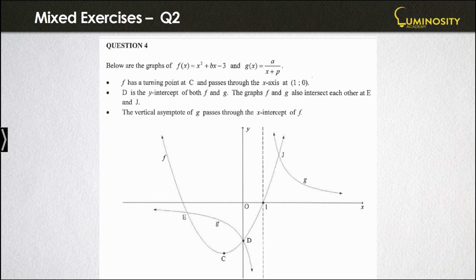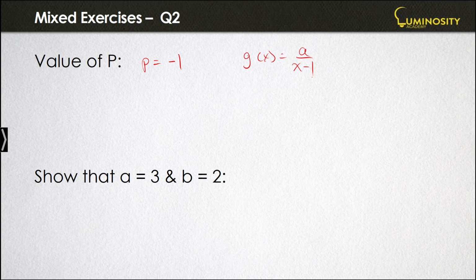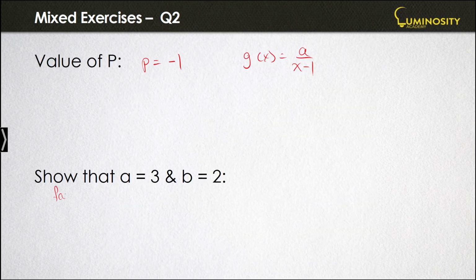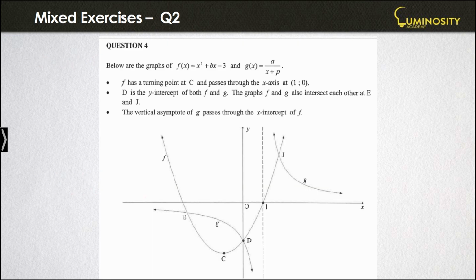So that means our g of x equals a over x minus 1. Now we go to the next question, which is show that a equals 3 and b equals 2. So let's start with b first. We have f of x equals x squared plus bx minus 3. We know it passes through the x-axis at (1, 0).